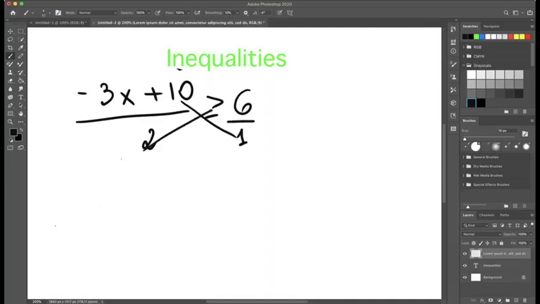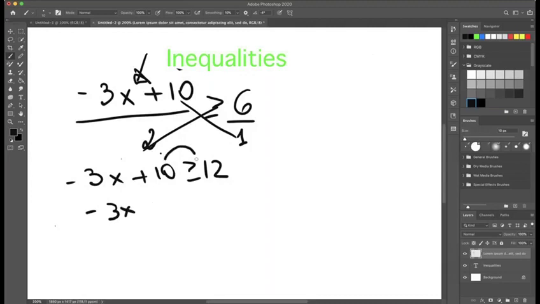I'm cross multiplying. With x on the left side, I'm rewriting how it was: negative 3x plus 10 is more than or equal to 2 times 6, which is 12. Solving this simple linear inequality, 10 moving to the other side will be 12 minus 10, so negative 3x is more than or equal to just 2.